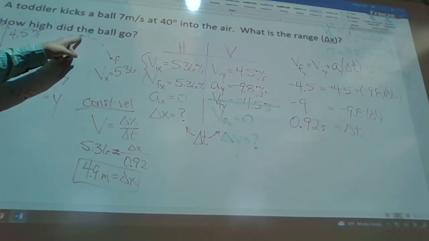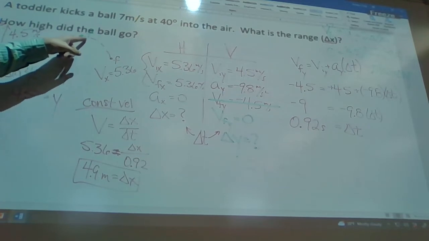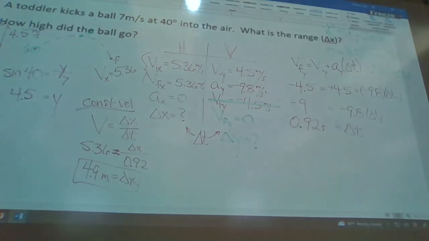How much time would it be? 0.46 seconds. Why? Time up equals the time down. You all right with that?